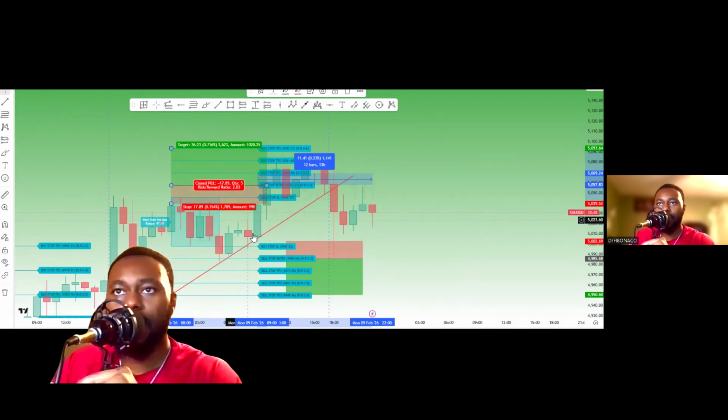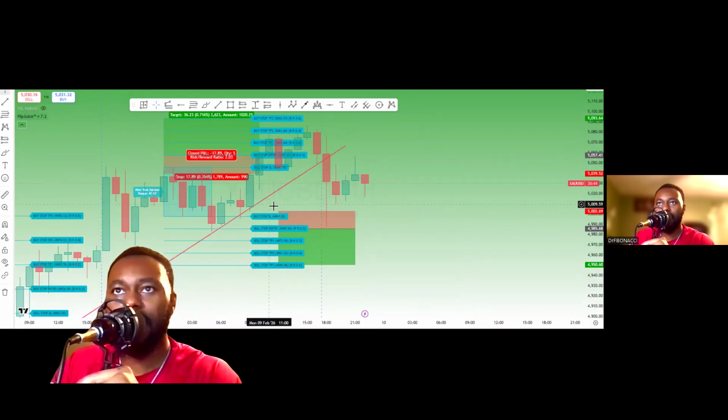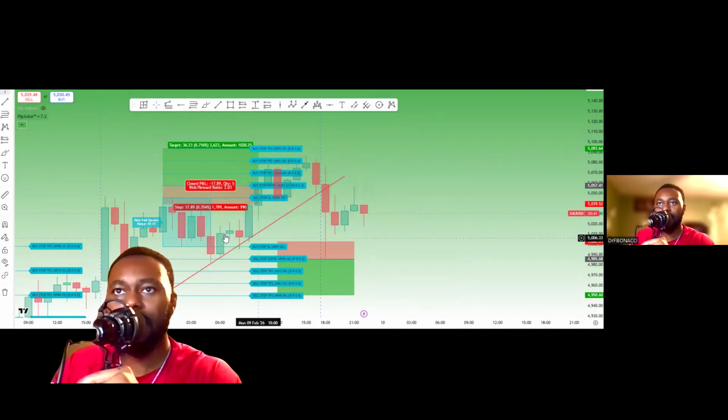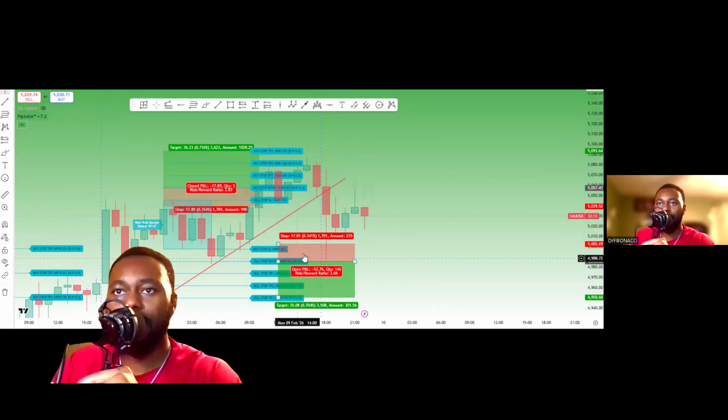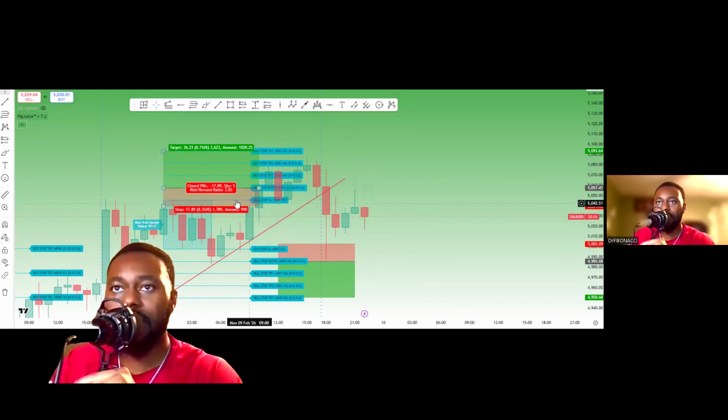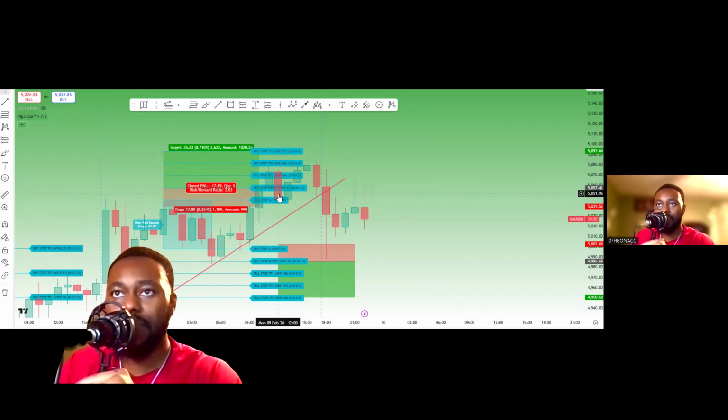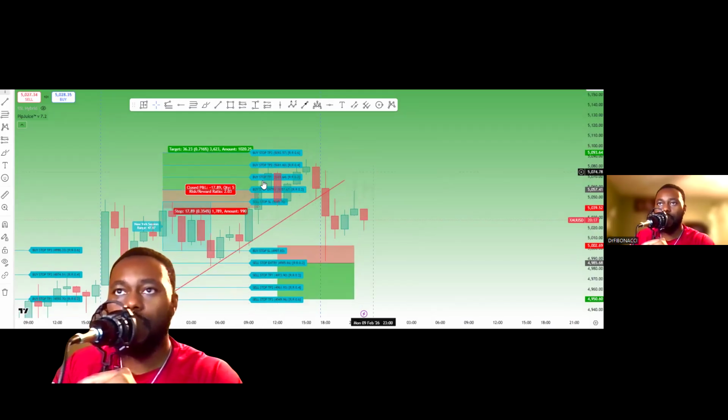If you didn't hit TP3 and your stop loss was way down here, and you just kept it in looking for TP3, you would have been stopped out. But because we were a little bit conservative, the stop loss came down here in a wick, but it hit TP2 way before it hit our stop loss. So this would have been a win.